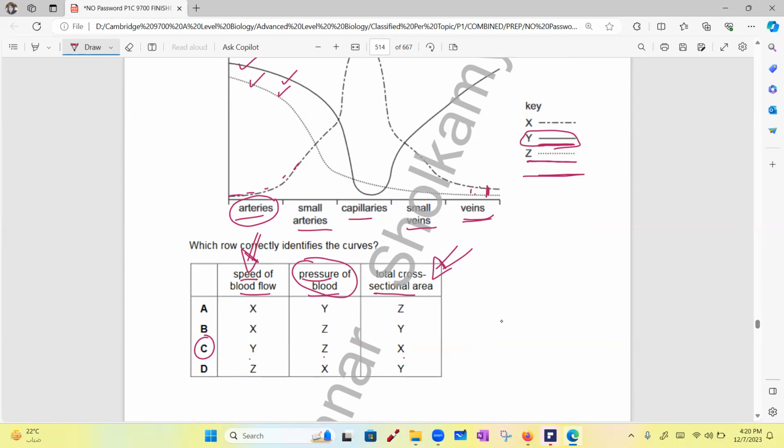We said the pressure, so it should be here. Yes, I think we are also correct. And then the dotted line, X, is the total cross-sectional area. And in the vein, what is high here? The Y, the speed. What will make you sure of the vein is that it has the lowest pressure. So again, it always takes us to C.